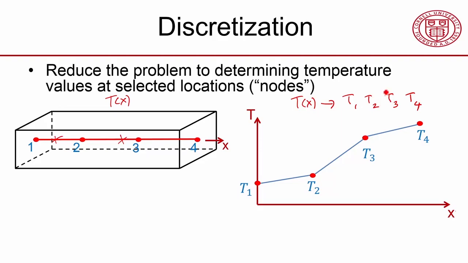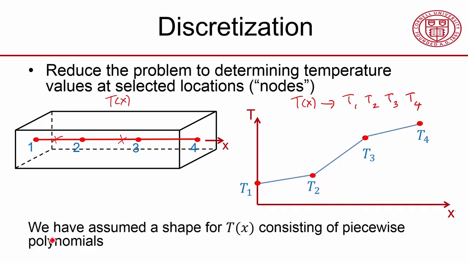And in terms of terminology, these are called nodes. Okay, that's what I have here. And these are called elements. So I've divided my domain into 3 elements. And I have 4 nodes. And in the process, what we have done is we have assumed a shape for our function, and that shape consists of piecewise polynomials, piecewise linear polynomials.